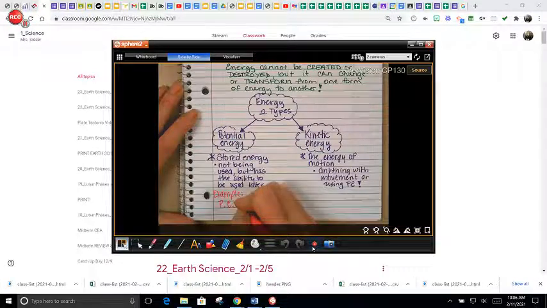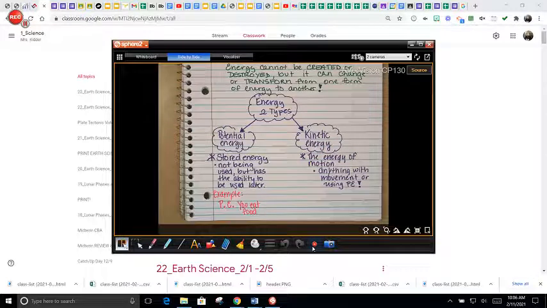So your potential is you eat food. That's your potential energy. That gives you the energy to do everything that your body needs to do. For example, breathe. Right, your heart beats, you want to speak, you want to move, your body digests your food.